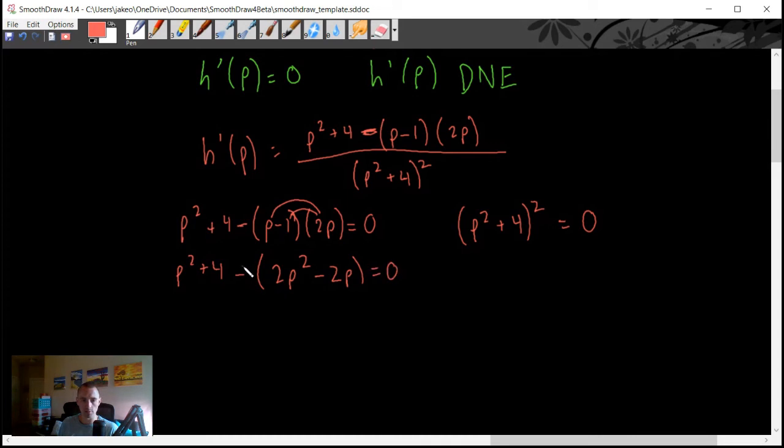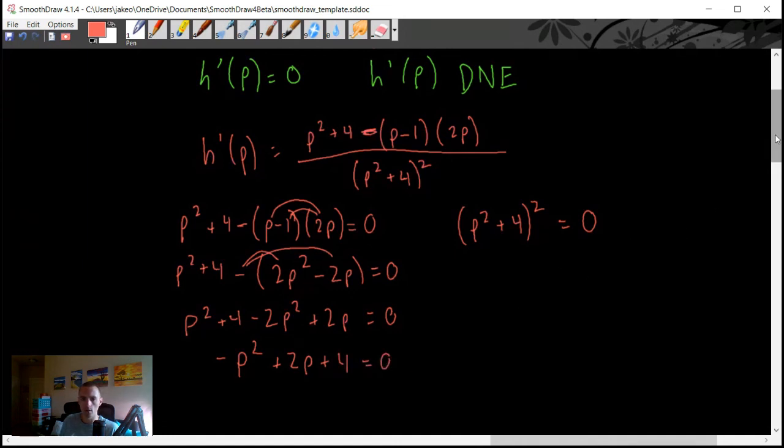Then we need to distribute our negative sign in here. So that's going to be p squared plus 4 minus 2p squared plus 2p. Okay, then we can combine our negative 2p squared and our positive p squared, giving us negative p squared plus 2p plus 4 equals 0.